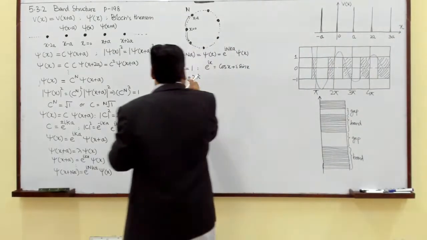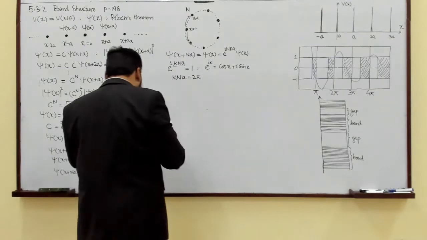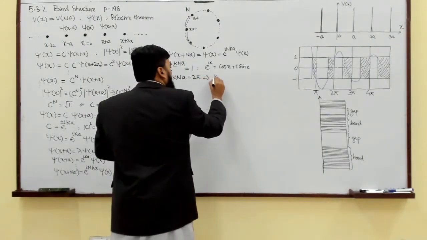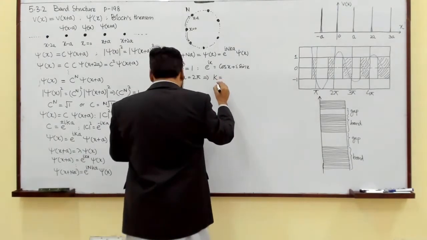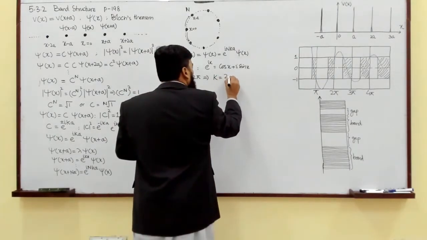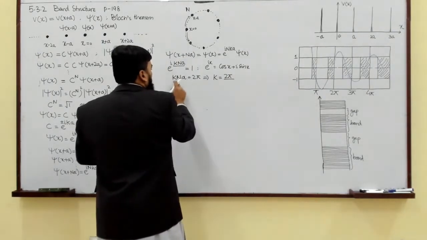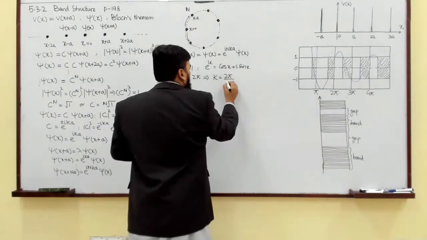So this is possible only when ka is equal to 2 pi, or I can write that the value of k from here will come out to be 2 pi over na.